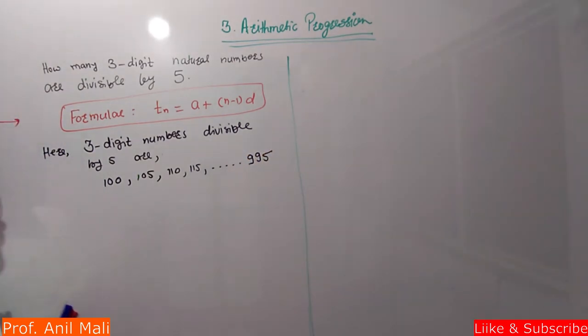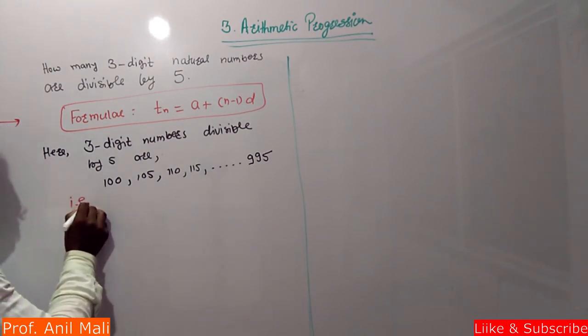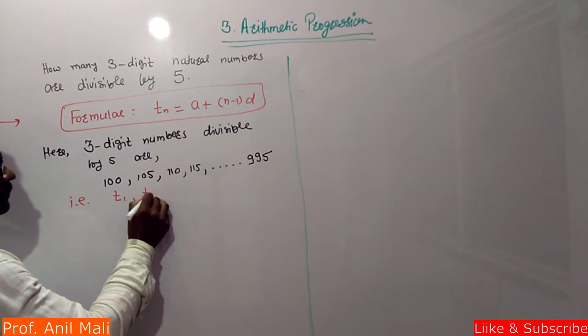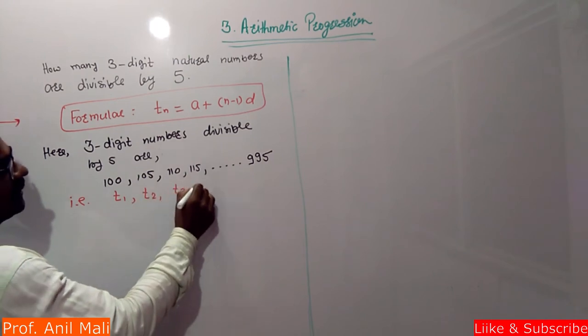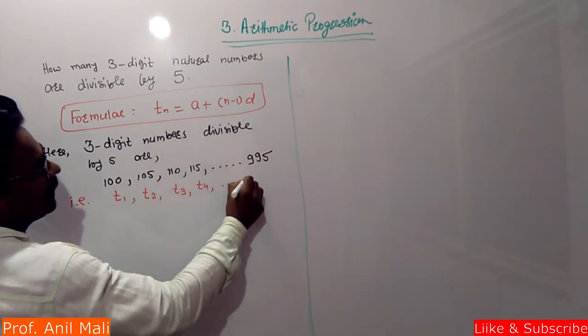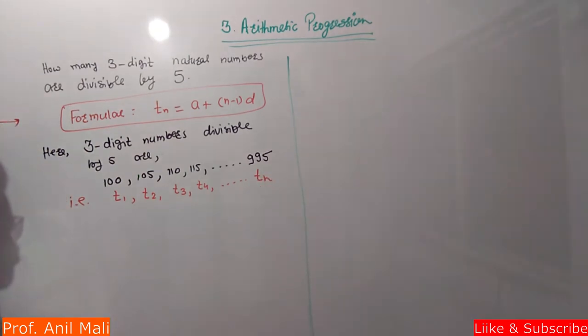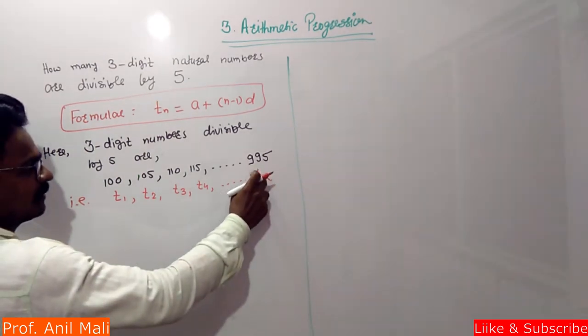This will be your last one. That is, we can say T1, T2, T3, T4 and so on up to Tn.